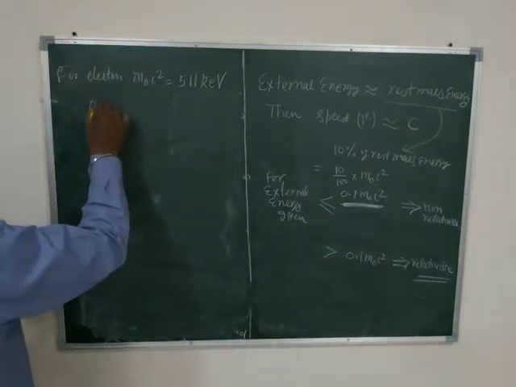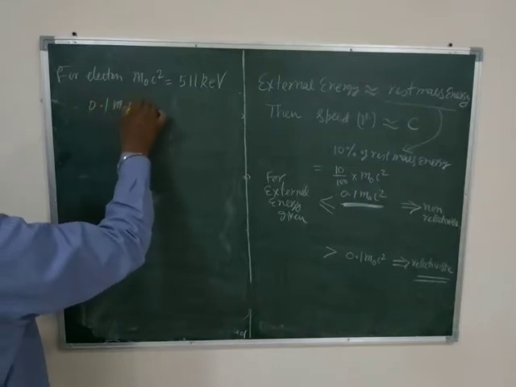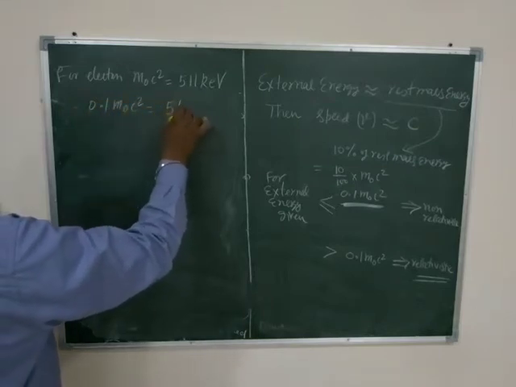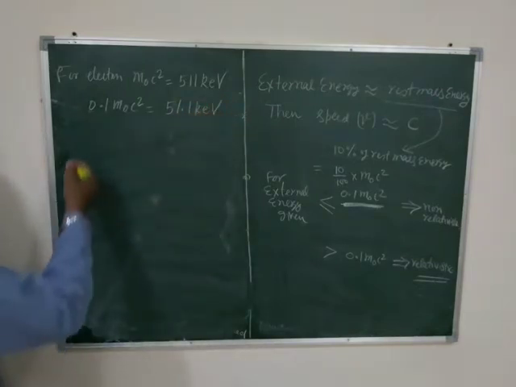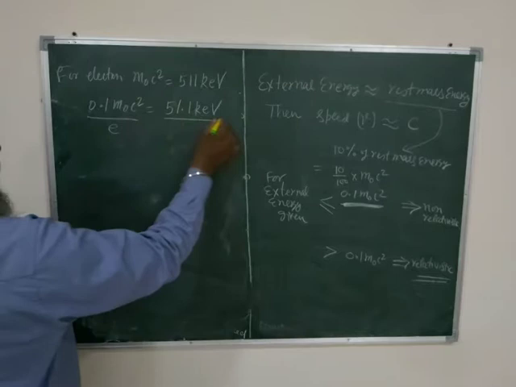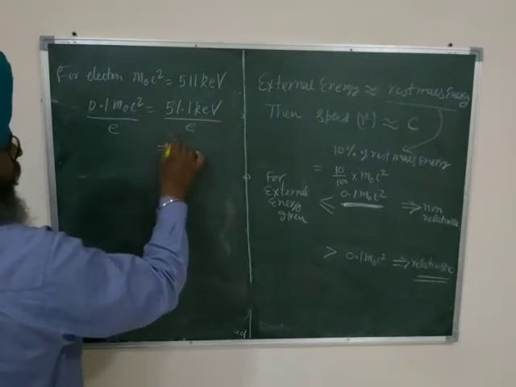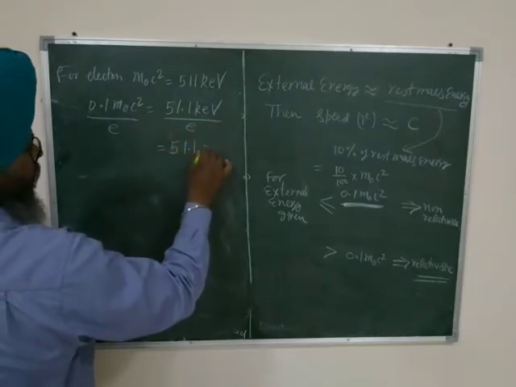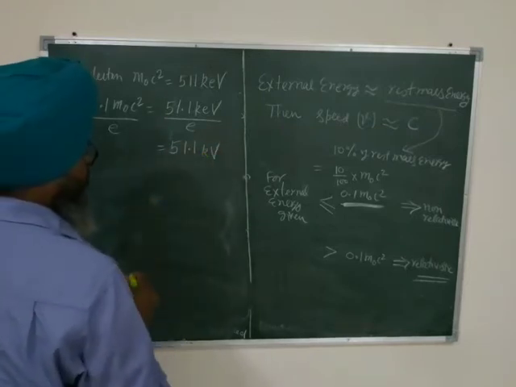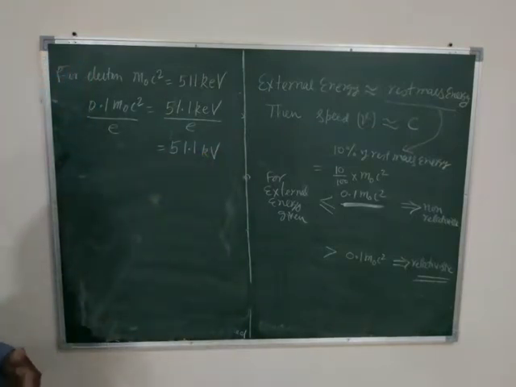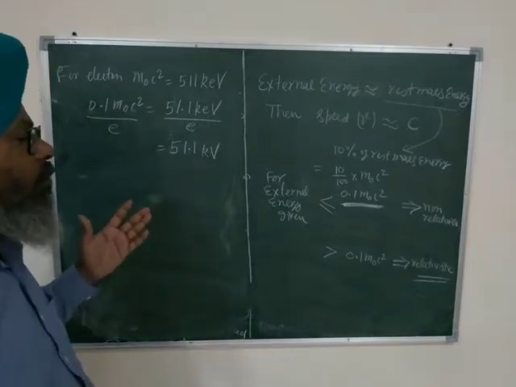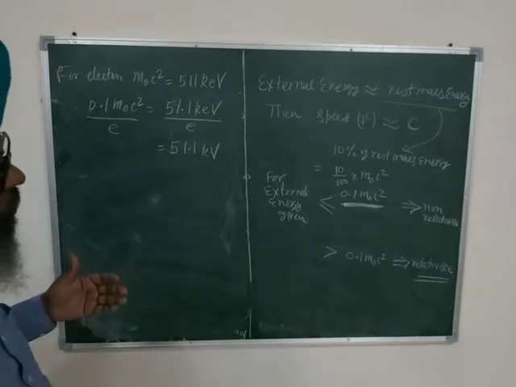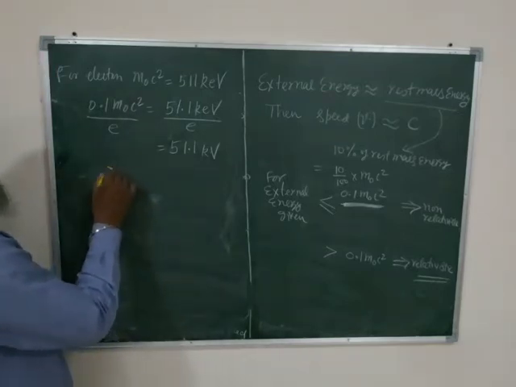So what will be 0.1 of m naught c square? It will be 51.1 kilo electron volt. And if I divide both sides by e, that will give me 51.1 kilovolt. It means if an electron is accelerated by a potential up to 51 kilovolt, we can just use this formula.